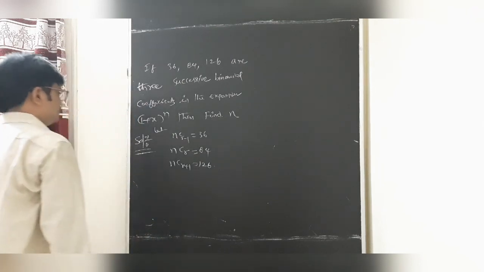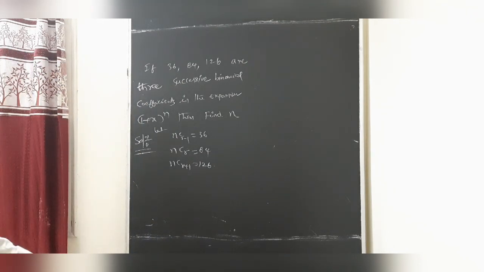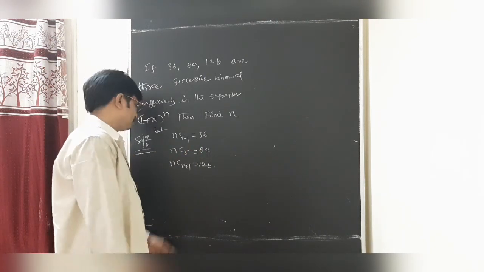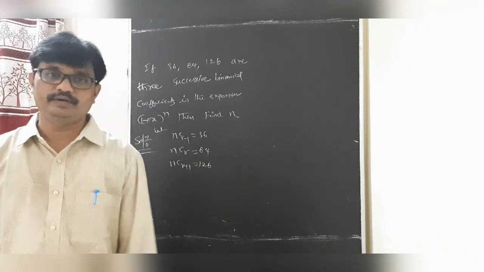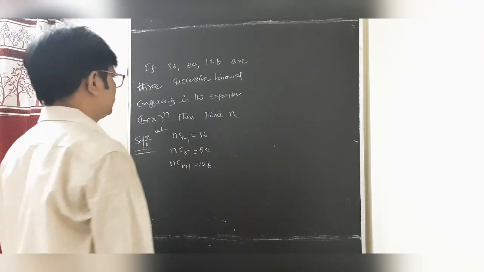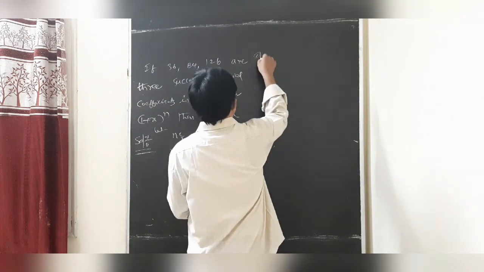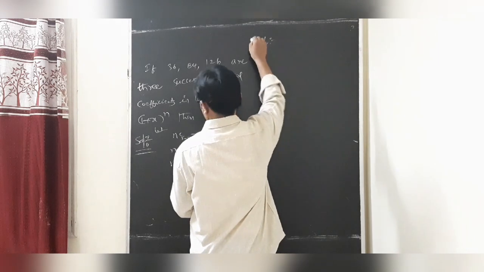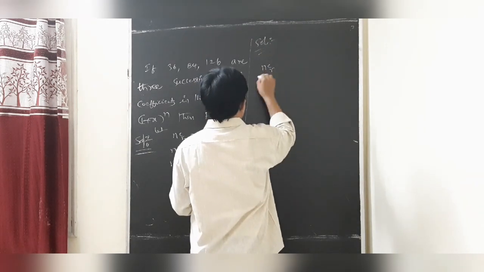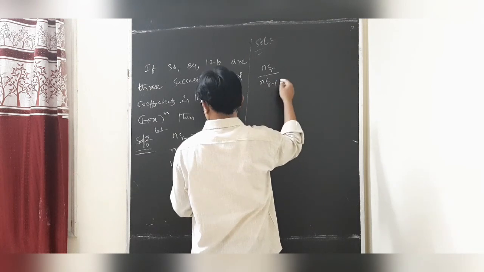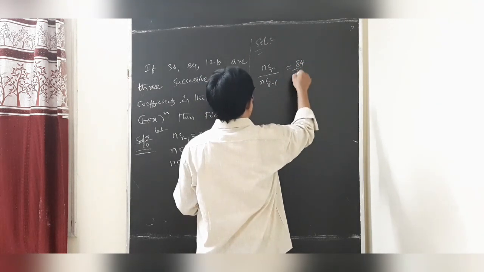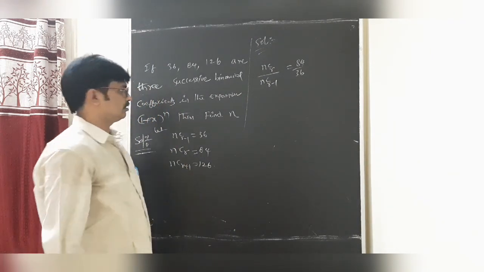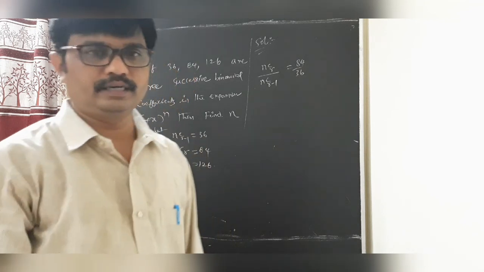These are the three successive binomial coefficients. nCr minus 1 is 36, nCr is 84, nCr plus 1 is 126. So students, first we write nCr upon nCr minus 1, which is 84 by 36. What is it, students? nCr upon nCr minus 1, 84 by 36.